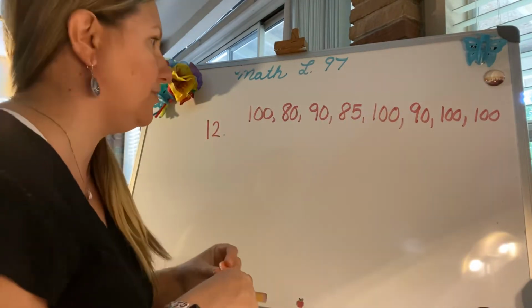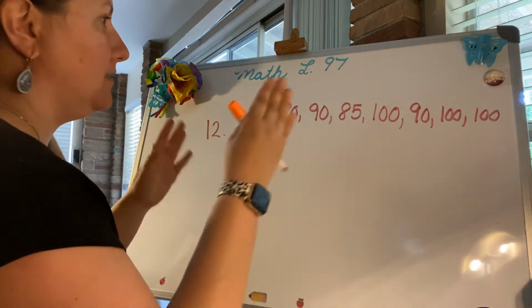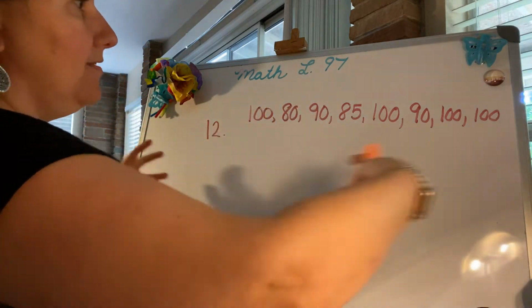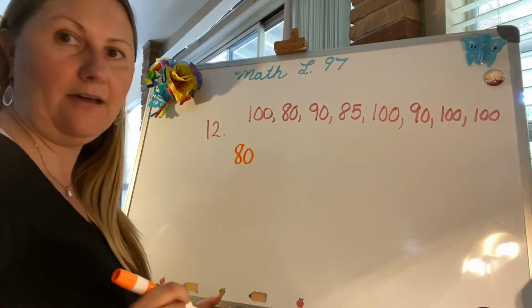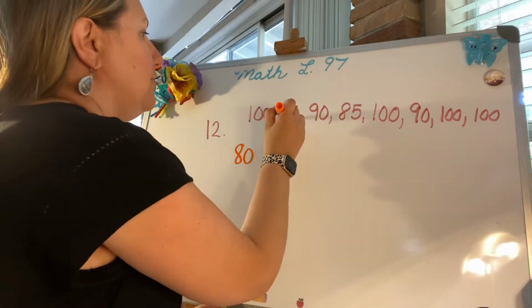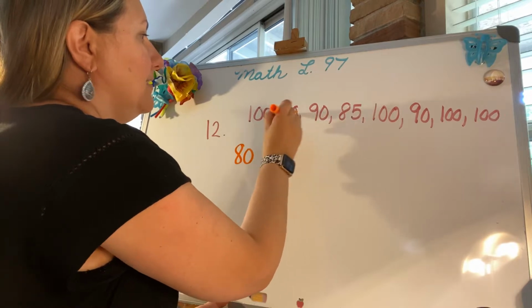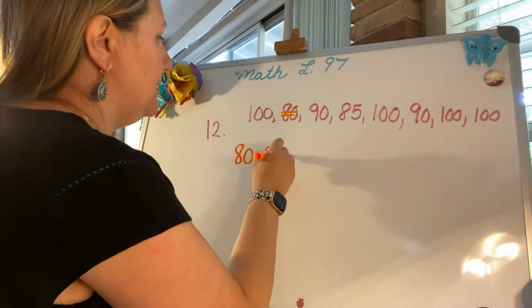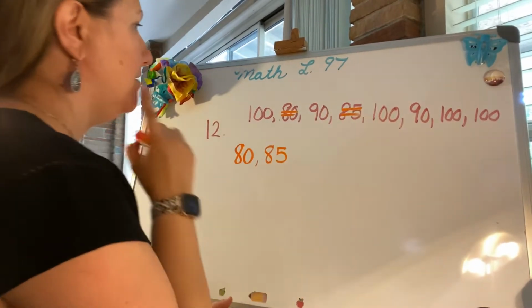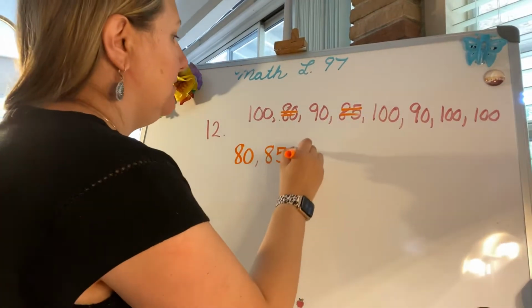Let's try the color orange, see if you can see it. Okay, the smallest number, we always write the list smallest to greatest. I see is 80. Oh, I think you can see that. And I'm going to cross out the 80 because I've written it now. Next is 85, so I'm going to cross that out. Next I see 90.